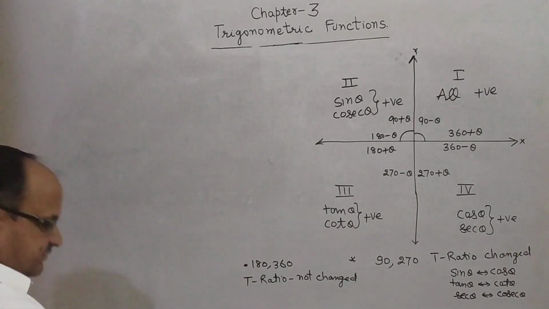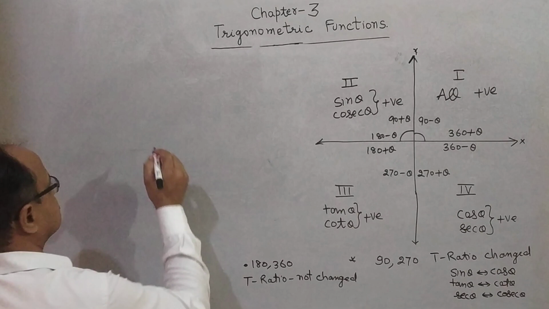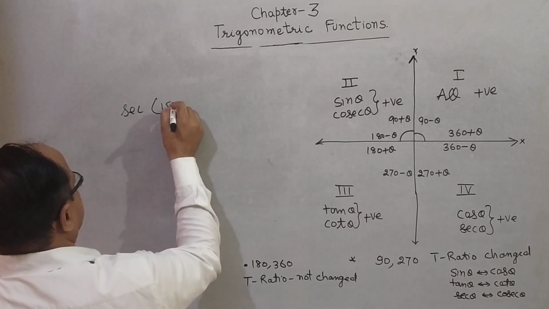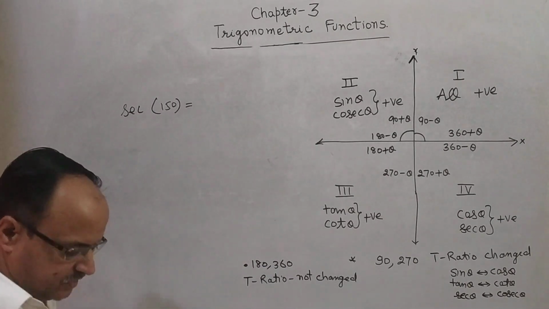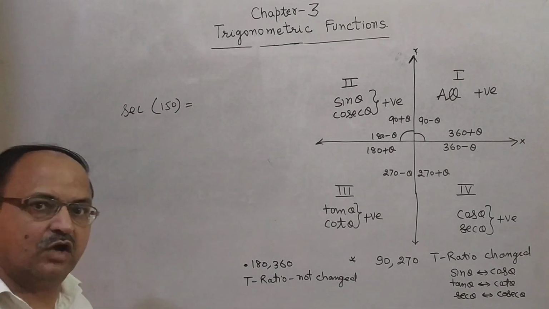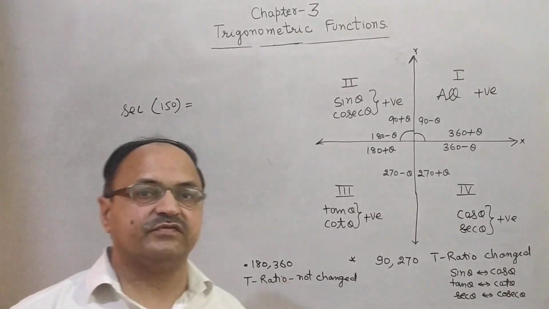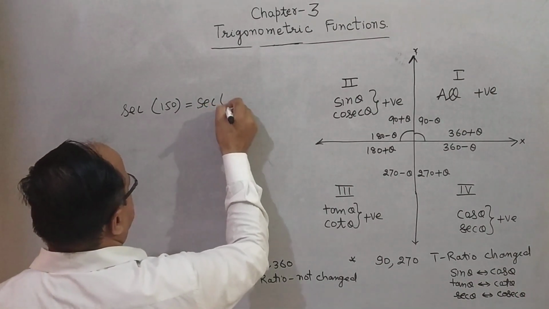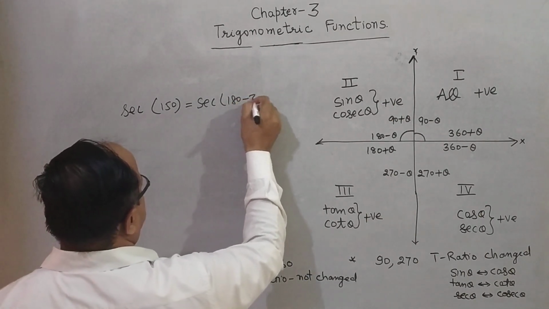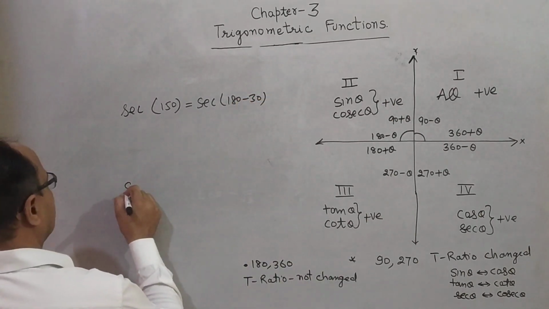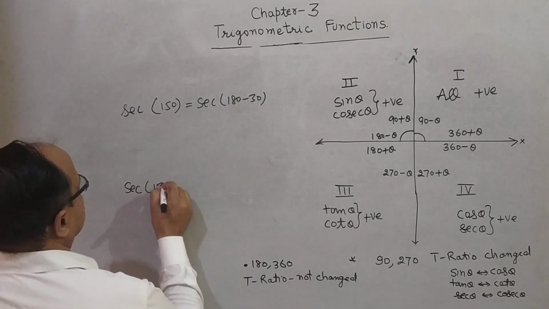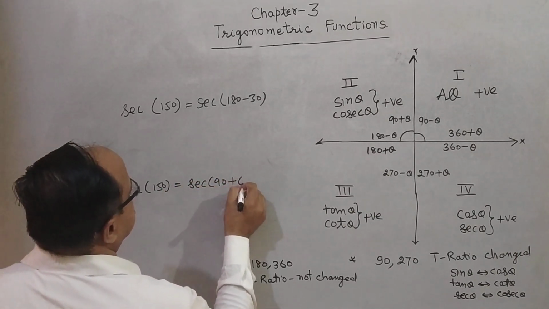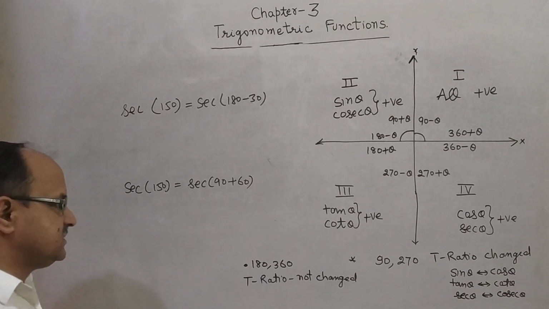Similarly, you can find other values, for example, sec 150. How can you solve sec 150 degree? There are two ways: you can break it as sec (180 minus 30), or you can write sec (90 plus 60).